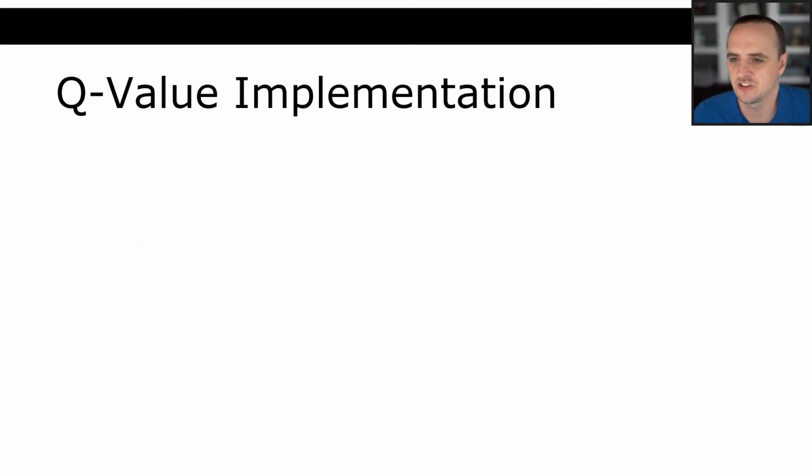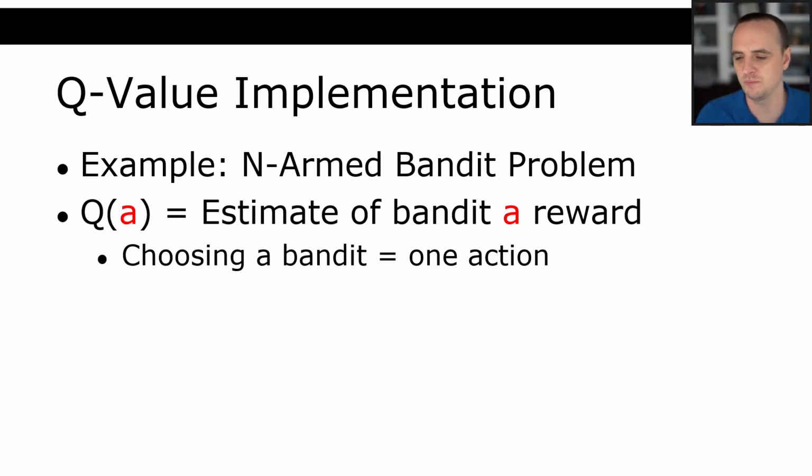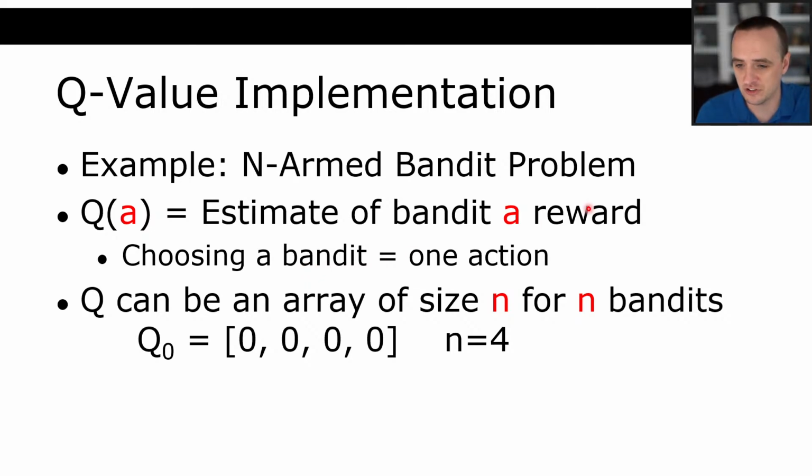So how do we actually implement this Q value estimate? Here's an example. If we have the n-armed bandit problem, Q(a) is going to be the estimate of bandit a's reward. So choosing a bandit is one action. Let's just have an array of size n, and we're going to have n equal to 4 maybe. So we have four slot machines that we're using.